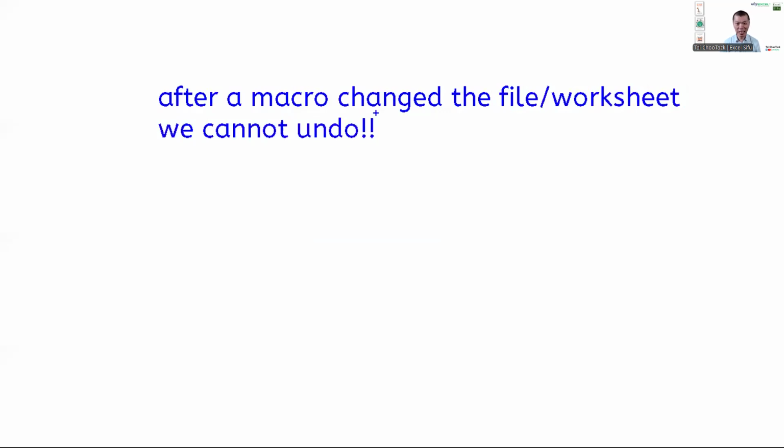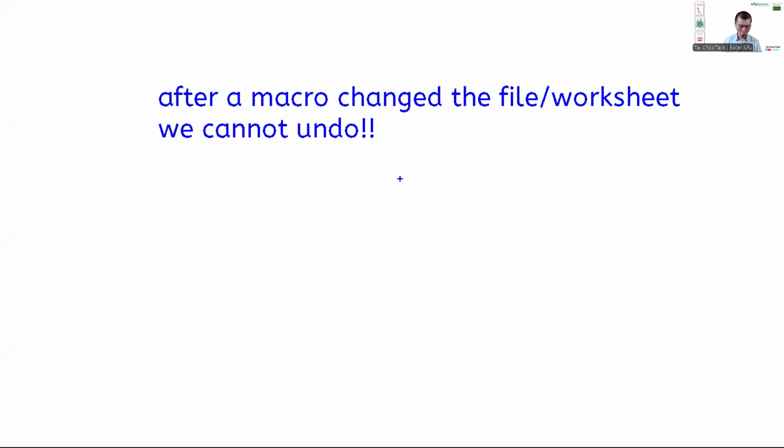So this is something we want to be aware of. Sometimes when we do a lot of things in normal Excel, we make mistakes and we can undo. But whenever we run a macro, the macro changes the file, maybe deleting the blank columns, adding a worksheet, renaming certain things, and we cannot undo anymore. From that moment, all the previous history is gone.